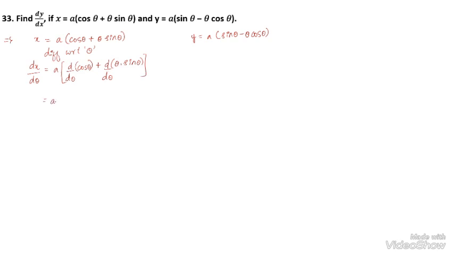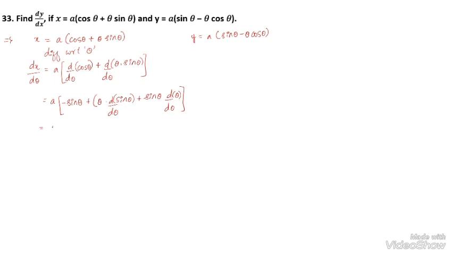Now a into differentiation of cos theta, which is minus sin theta, plus, here there are two functions, theta and sin theta. I take the first function as constant and differentiate the second function, that is sin theta, plus the second function as constant and the first function differentiated. Here we can use the product rule, u into v rule, because theta is a function and sin theta is also a function. That's why I can use the product rule.